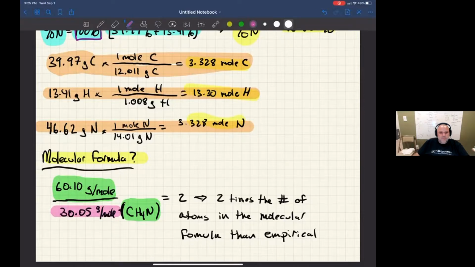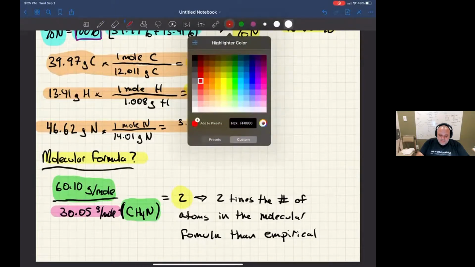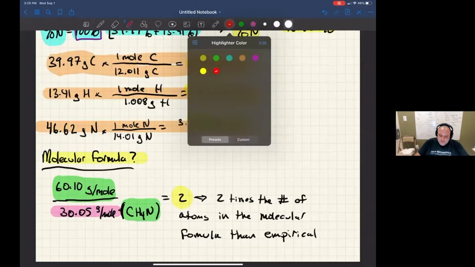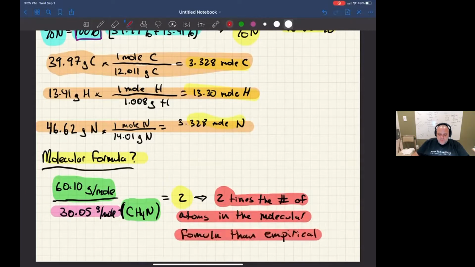I get 30.05 grams per mole. When I divide 60.10 by 30.05, I get 2. So what does that mean? That means that I have 2 times the number of atoms in the molecular formula than I do in the empirical formula.